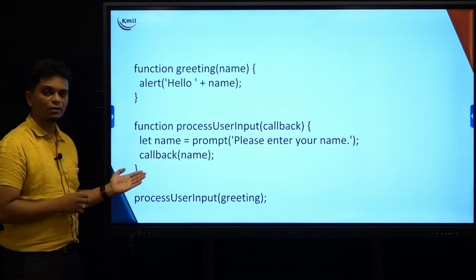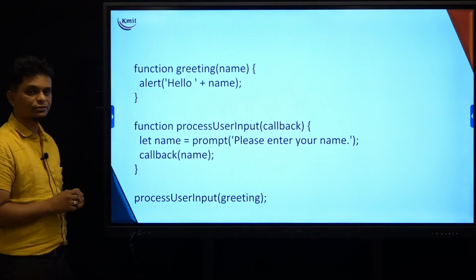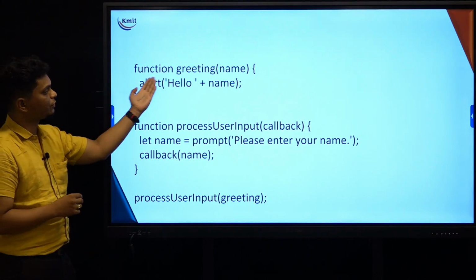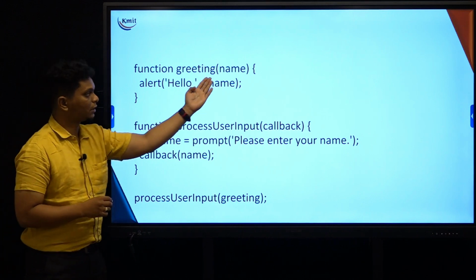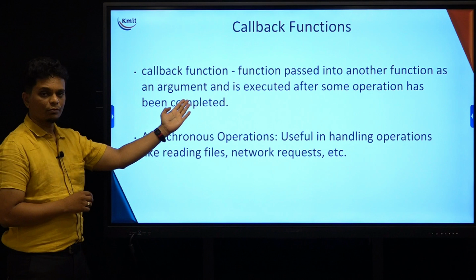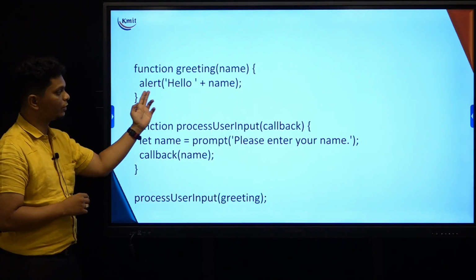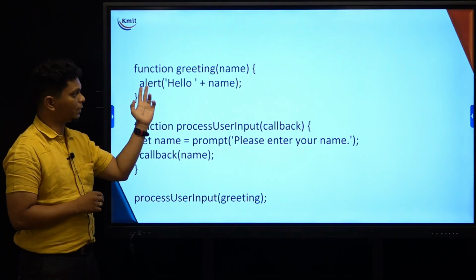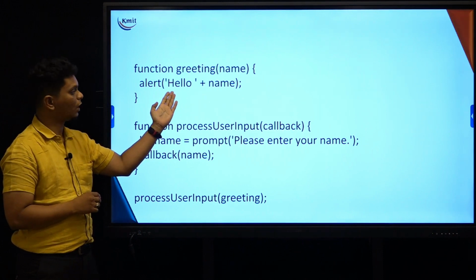So, this is an example of a callback function. Here we have a function called greeting and its parameter is name. Okay, this is its body where we are using an alert method to prompt hello plus name.